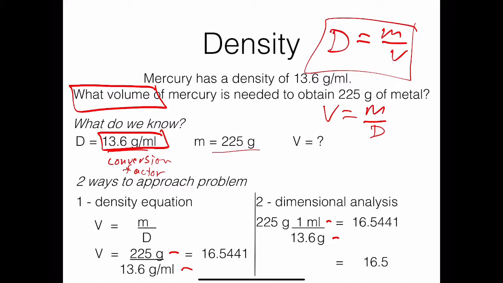Now, we need to remember to take into account significant figures. Which number is guiding the number of sig figs in my answer? They both have 3, but we never use a conversion factor to guide the number of sig figs in our answer, because remember, conversion factors are exact. They have an infinite number of sig figs. So what is guiding my answer is this single piece of information, and that single piece of information has 3 sig figs.